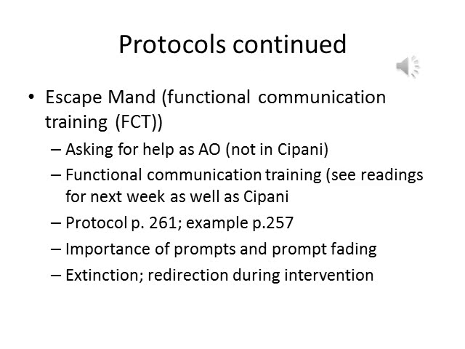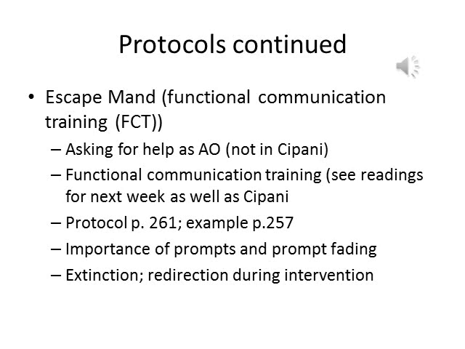The next protocol is for an escape man. Next week, we're going to read in more detail about differential reinforcement of alternative behaviors, of which functional communication training is a research-based and proven alternative. And basically it provides for teaching a child to communicate, if you will, their needs. So to ask for a break, to ask for help. Asking for help can serve as an abolishing operation, making some tasks less aversive.